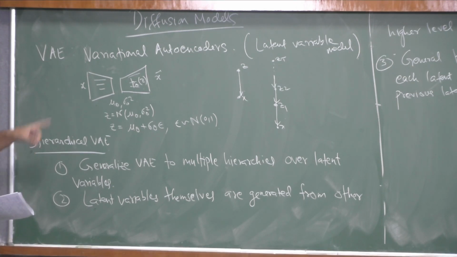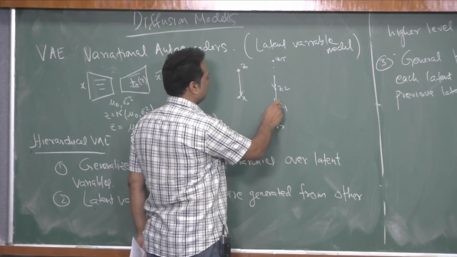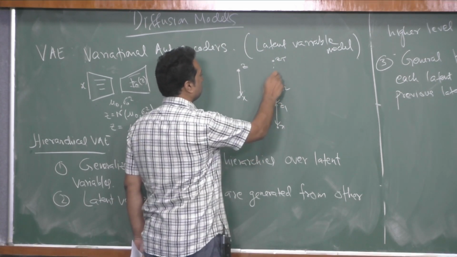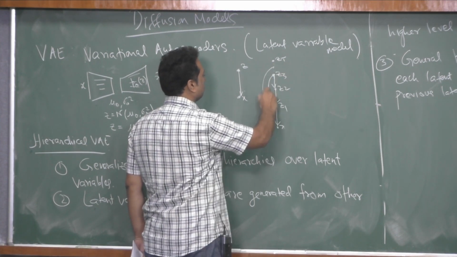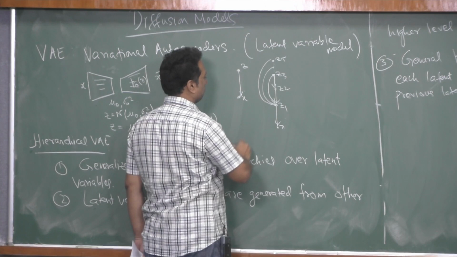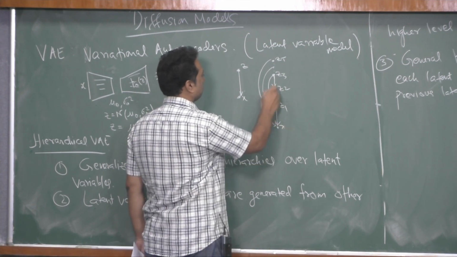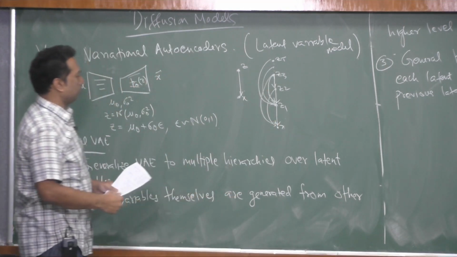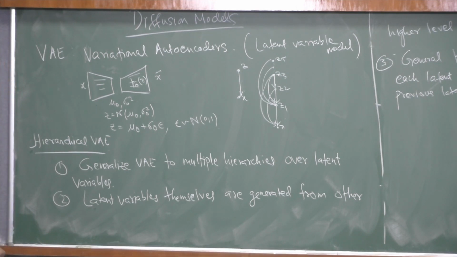Okay, so in the third point that I have mentioned, a very generic one will be to say that Z1 does not only condition on Z2, but it also conditions on Z3, it also conditions on Z4, and so on. Okay, and similarly X we can say also conditions on Z2, Z3. So this should be the very generic form of hierarchical VAE, but also it will be a very complicated one.